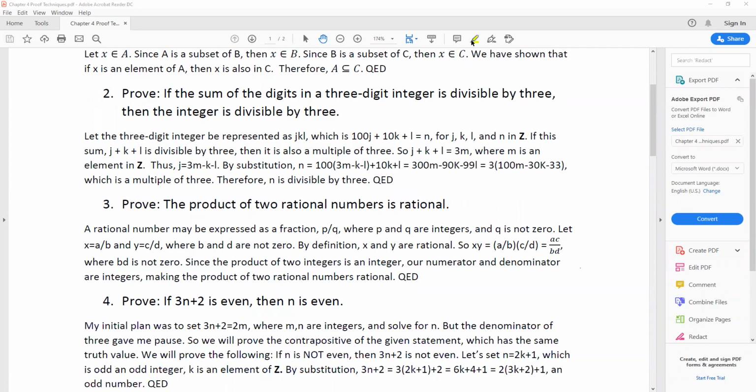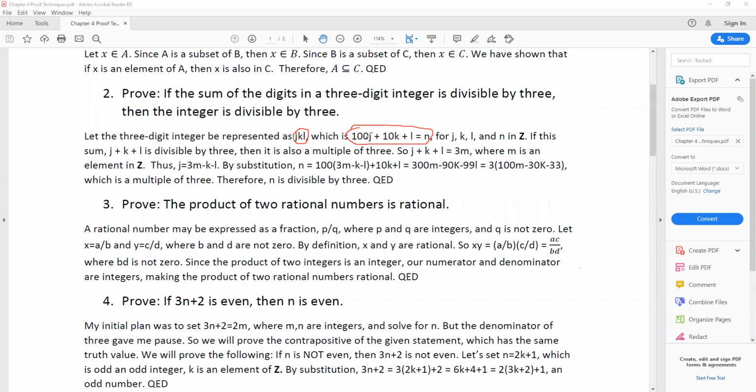I decided to represent the 3-digit integer with JKL. And if we were to expand this, JKL is simply 100 times J plus 10 times K plus 1 times L. And I decided to set that equal to N. So N is equal to JKL.